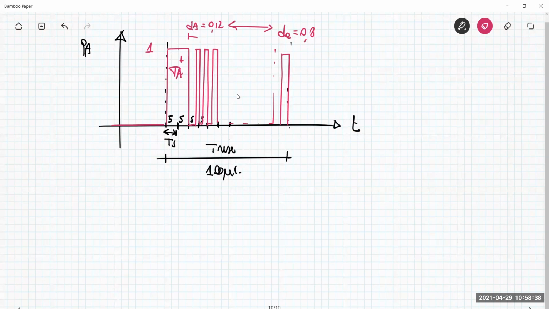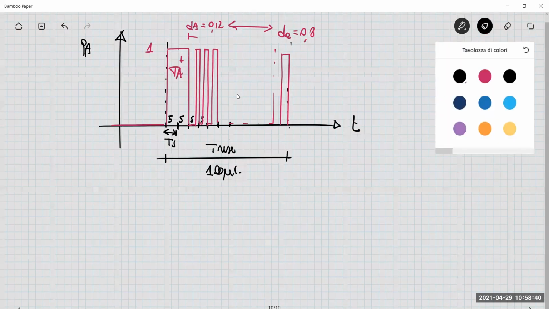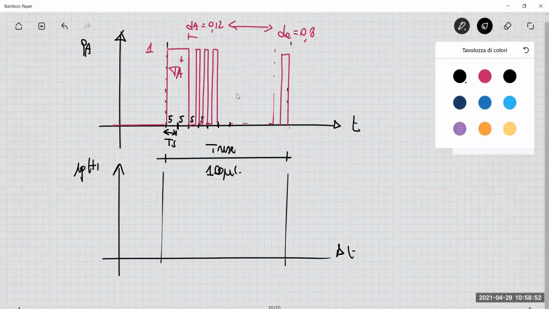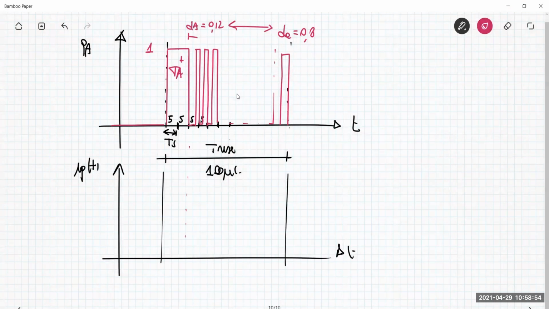So what happens to the current? The current goes exactly at IP over T-rise. After 10 microseconds, the current has reached 10 amp.